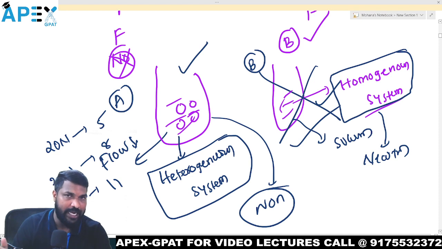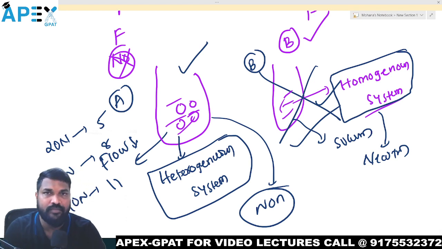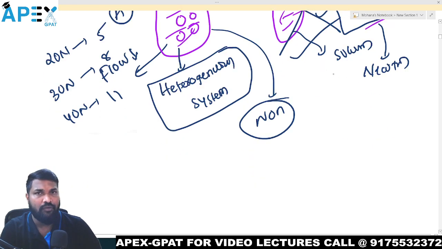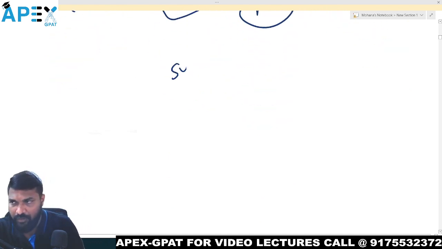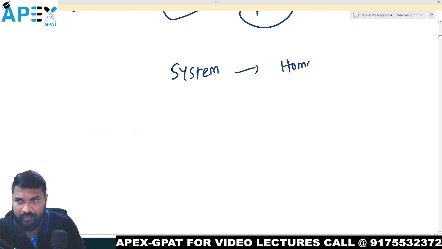So finally we conclude which system shows the non-Newtonian flow and which shows the Newtonian flow. Which system shows the Newtonian flow? Homogeneous system. Which system shows the non-Newtonian flow?